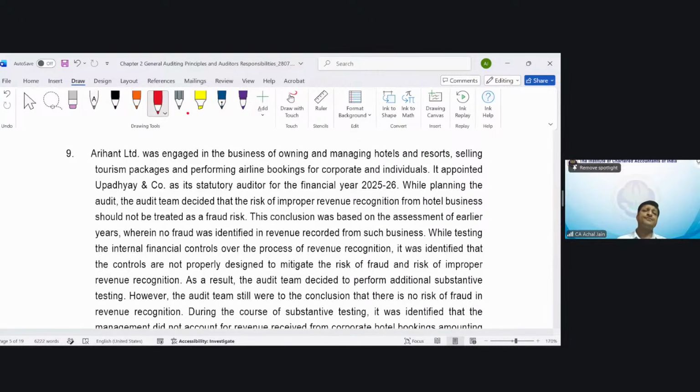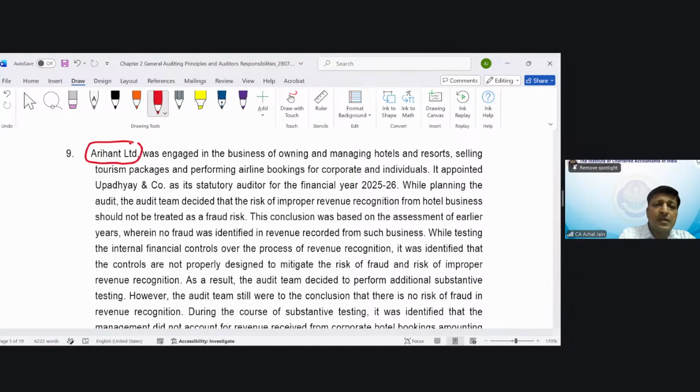Arihant Limited was engaged in the business of owning and managing hotels and resorts, selling tourism packages, performing airline bookings for the corporates and individuals. It appointed Upadhyay and Company as its statutory auditor for the financial year 25-26.